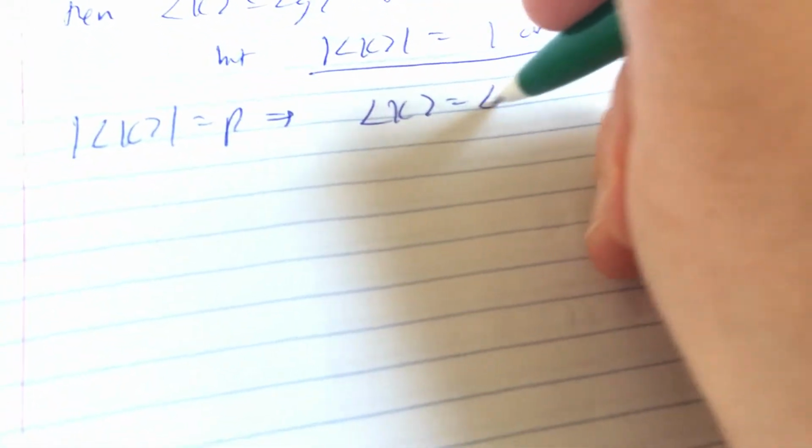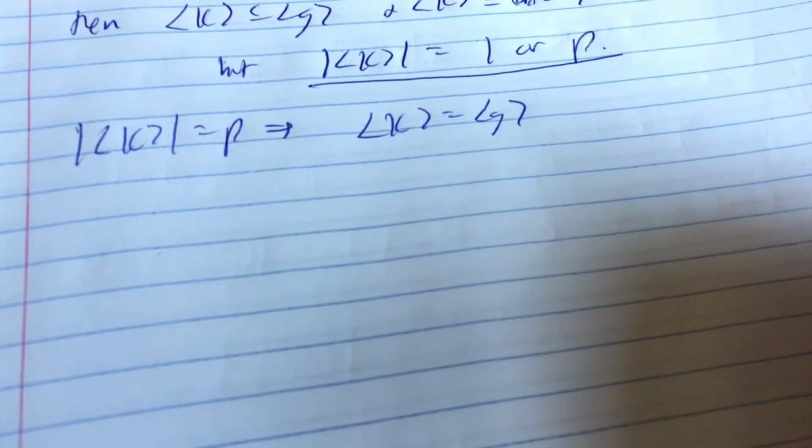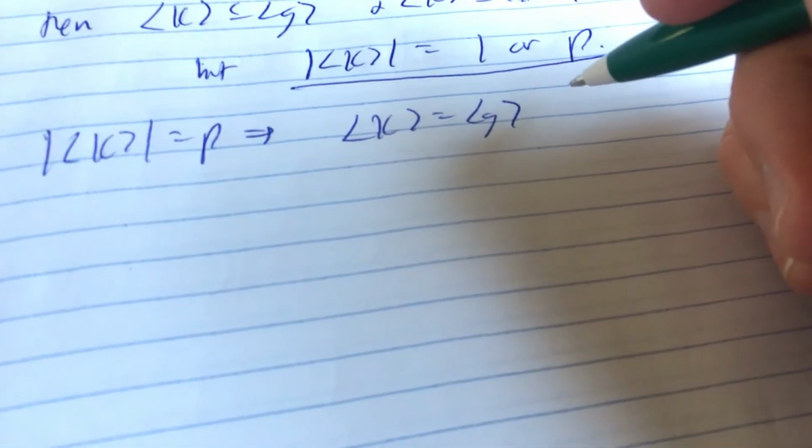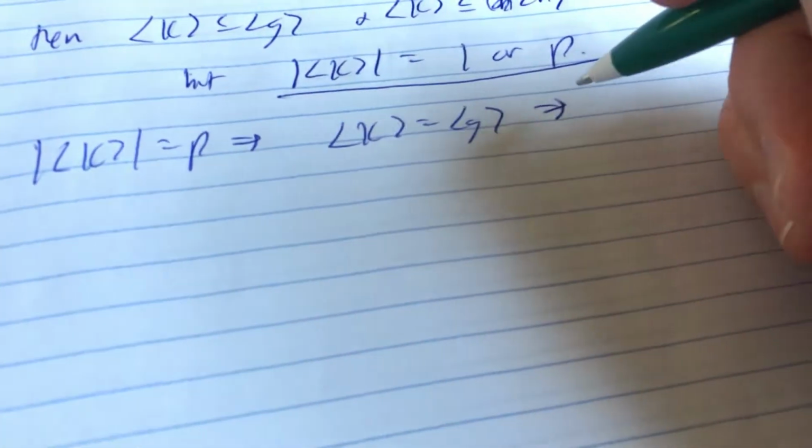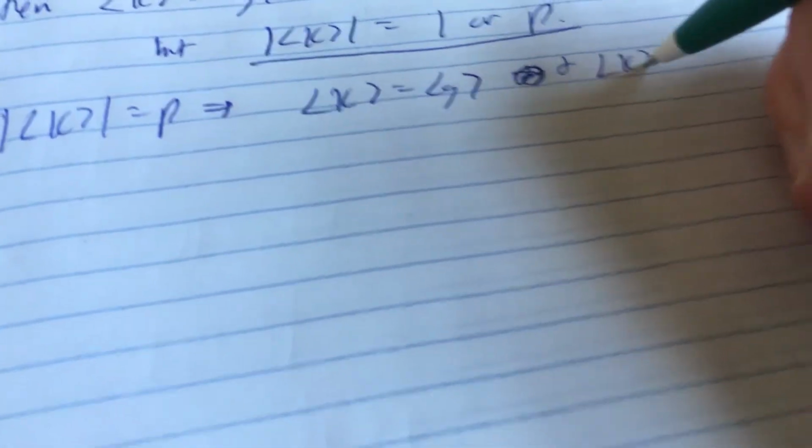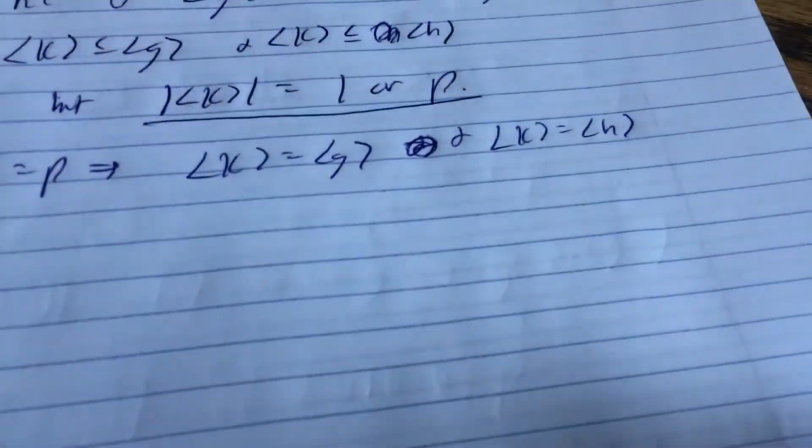Suppose the order of K is P. That would be saying that the group generated by K is the group generated by G, and the group generated by K is the group generated by H, because those both have order P, right?